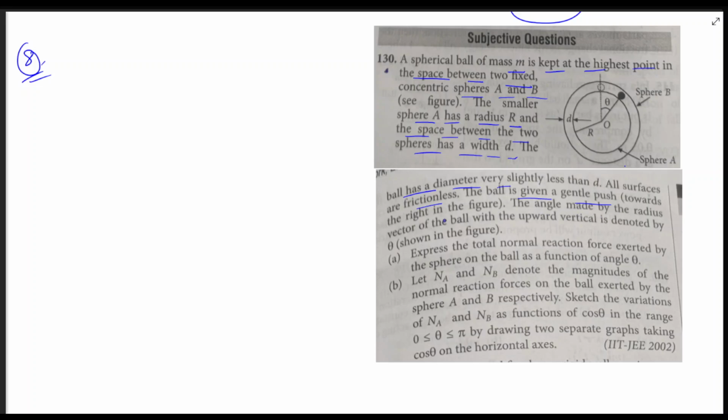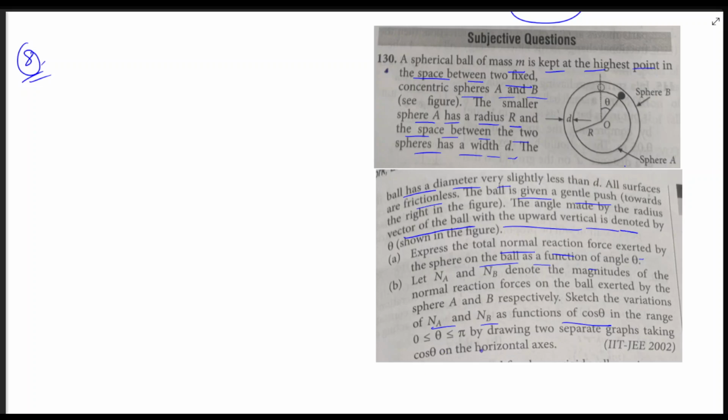The angle made by the radius vector of ball with the upward vertical is denoted by theta. Okay, so express the total normal reaction force exerted by the sphere on the wall as a function of theta, and let the magnitude of normal reaction exerted be NA and NB. Sketch the variation of NA and NB with the cos theta.